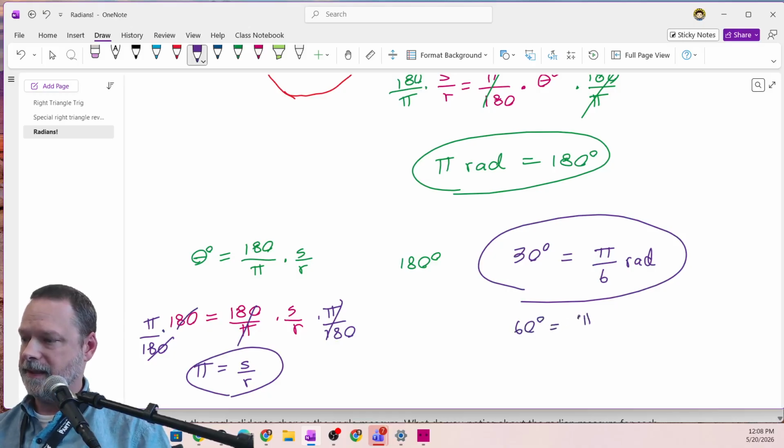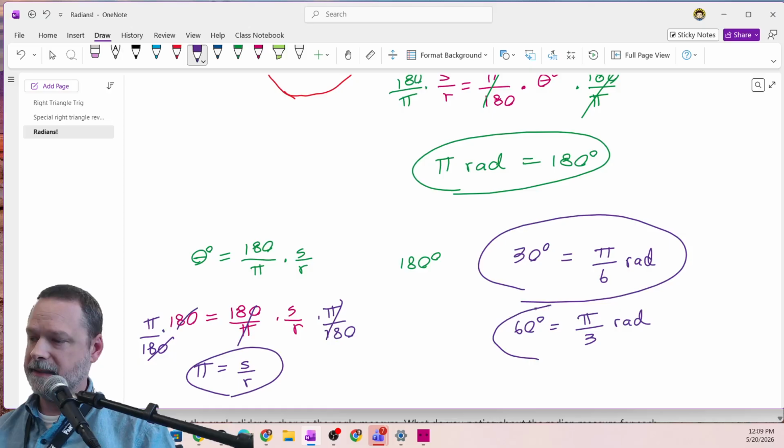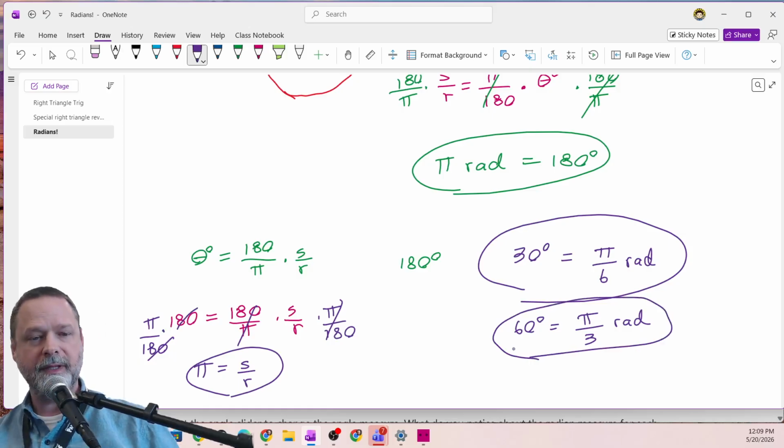That's going to be pi over 3 radians. And so on and so forth. Imagine if pi was the same as 180, 180 over 3 is 60. It's a nice little trick. It works out great.